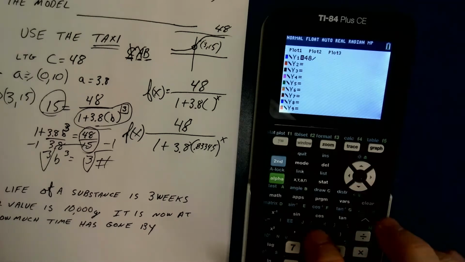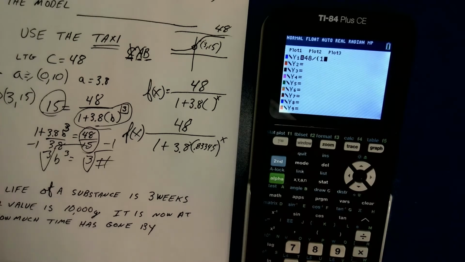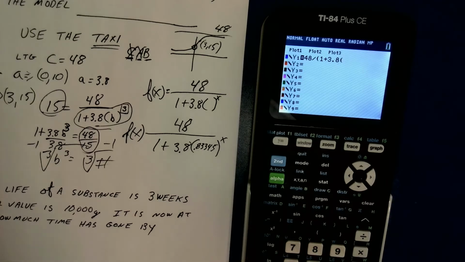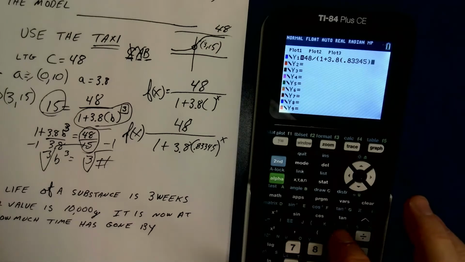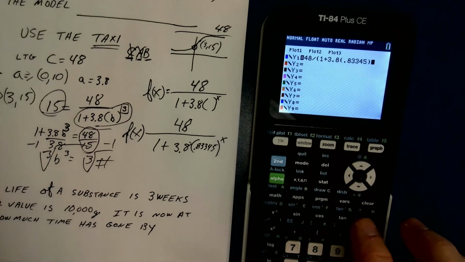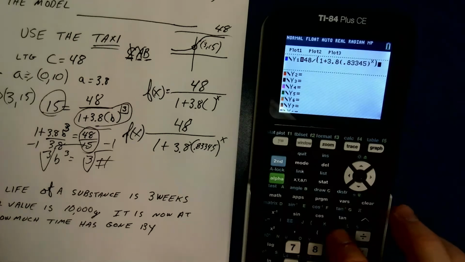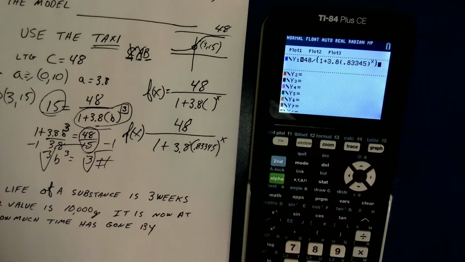Divided by parentheses 1 plus 3.8 parentheses 0.83345. There's more stuff to it, correct? Parentheses raised to the x, and then close parentheses, that's my denominator.